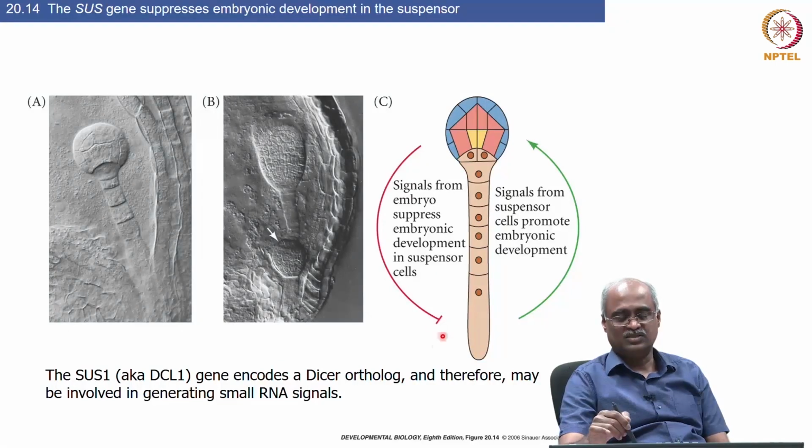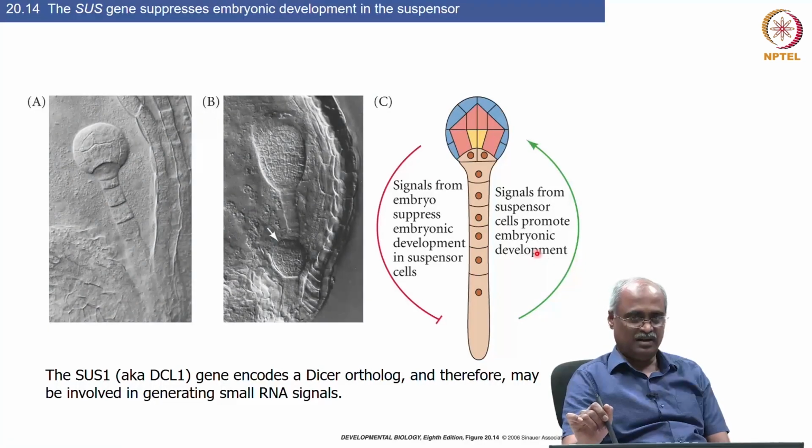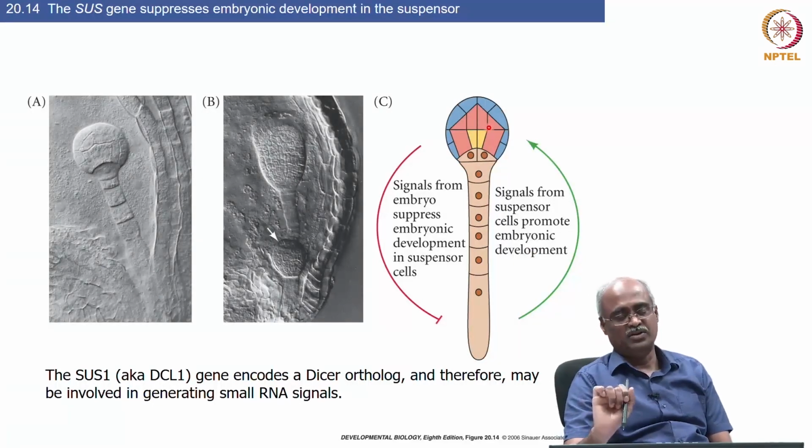So it's a suppressor. Suppression is usually indicated by a line like this. This sort of structure is suppression in developmental biology, and this arrow is an activation. So the signal from the embryo suppresses embryonic development in suspensor cells, and signals from the suspensor cells promote embryogenesis in the embryo. This is what scientists currently think is the way signaling happens between these two to ensure the suspensor remains a suspensor and allows the embryo to develop normally.